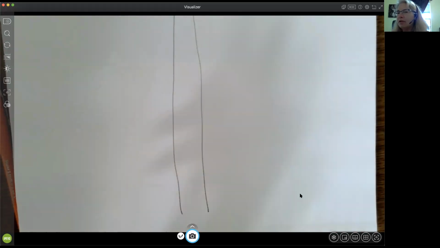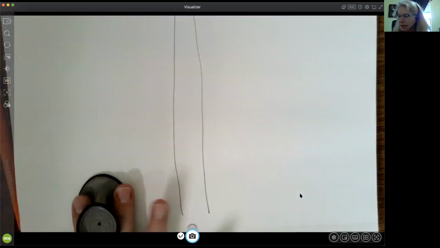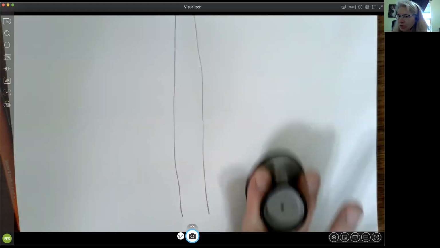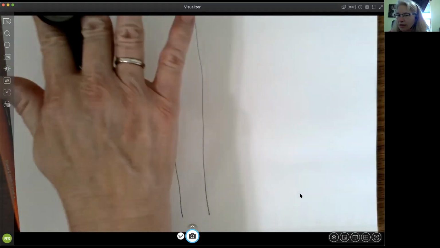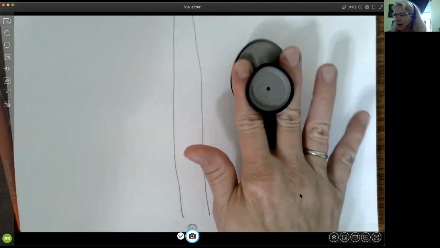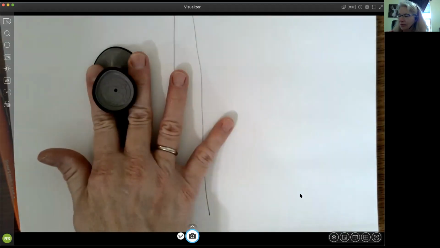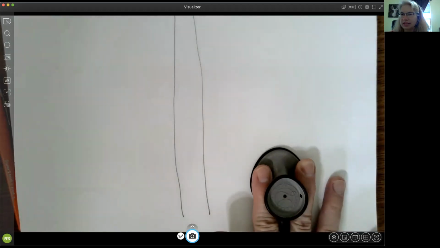So when you auscultate, you never go all down one side and then all down the other side. We're always going to go from one side to the other, then down and across. So kind of like a big S or a big zigzag.